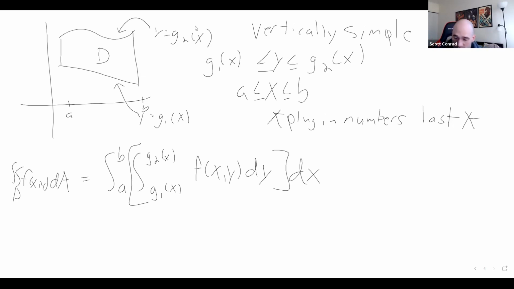And then if D is horizontally simple, right, if x is bounded by functions of y, that's now the variable bounded by functions. And if y goes from c to d, we integrate with respect to y last, because we need to plug in numbers last.